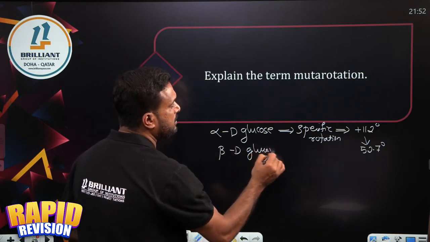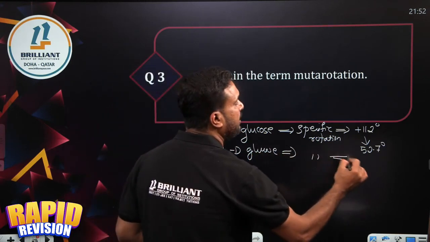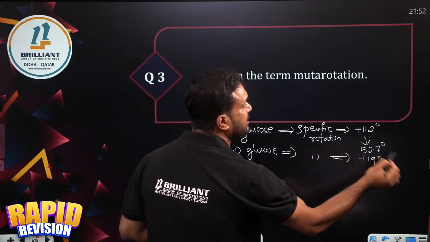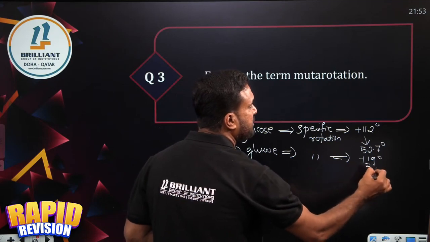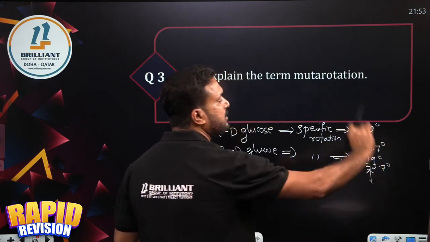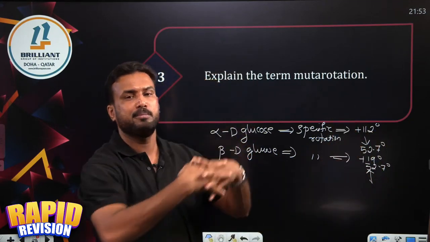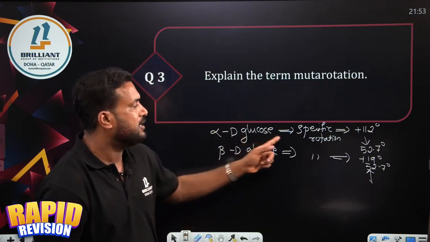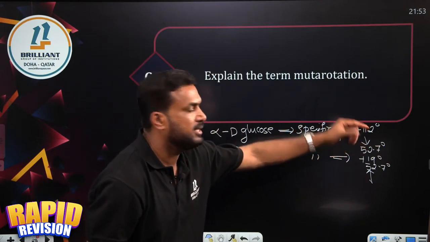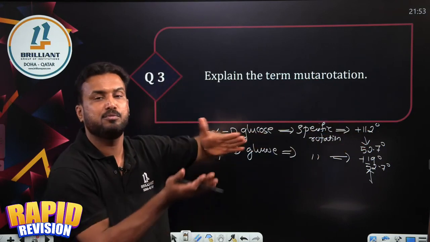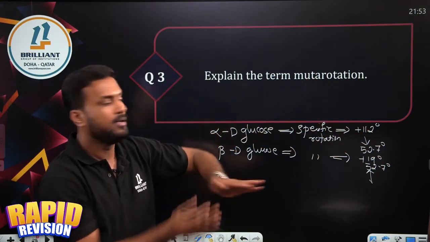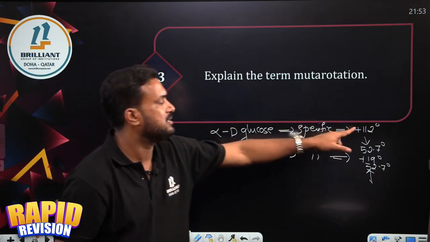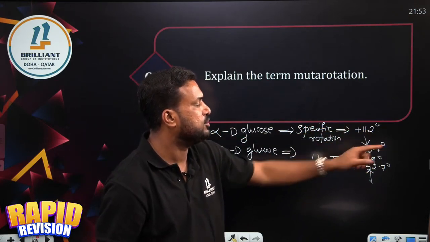What about beta D glucose? Beta D glucose has a specific rotation of plus 19 degrees. That will gradually increase to 52.7 degrees. Now there is a coinciding point or meeting point. Alpha D glucose has a specific rotation of 112 degrees, which decreases when you keep it undisturbed, standing for some time, to 52.7.